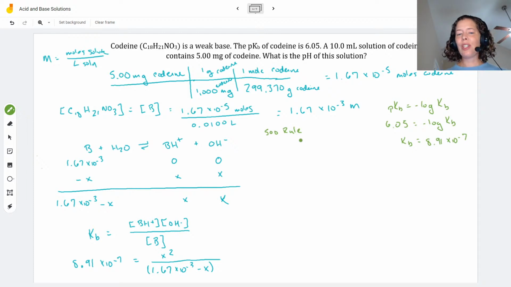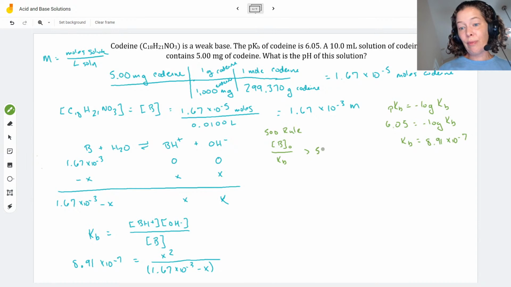This is where I kind of wish I had just a regular sheet of paper that I could keep scrolling down on. Okay, so what I'm going to take is my original concentration of base over my Kb, and this should be greater than 500 if I want to drop this term.